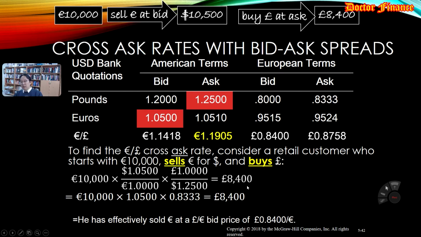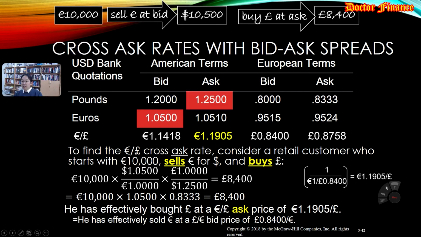That's going to be 8,400. That's what you see. And then he has effectively bought British pound at the euro per pound ask price of 1.1905 euro per pound, right? And equivalently, you can say he has effectively sold euro at a pound per euro bid price of 0.84 pound per euro rate.